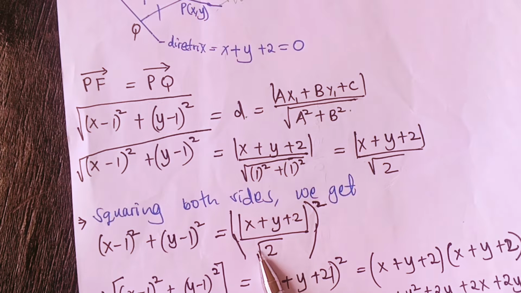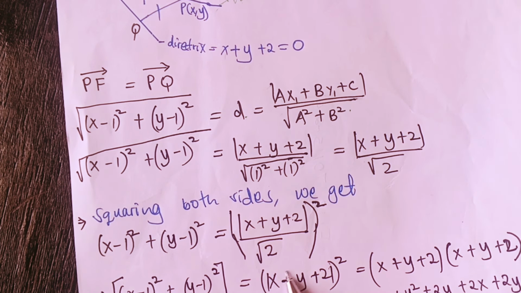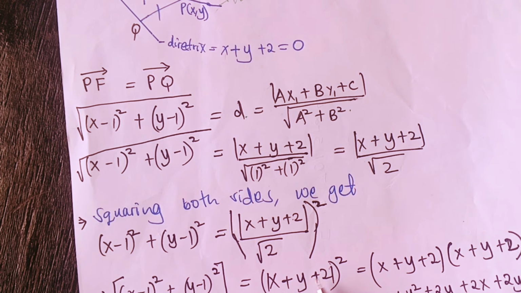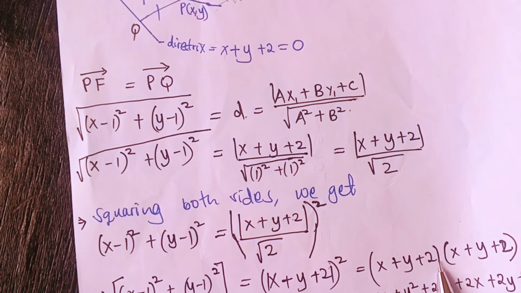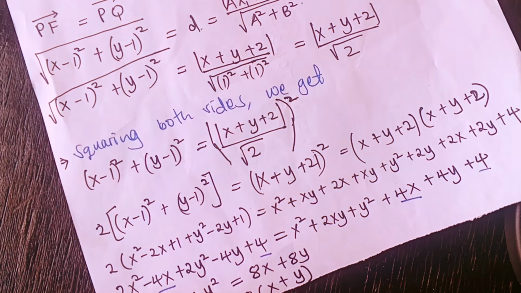Then you cross multiply, so here it will be 2 times (x minus 1) squared plus (y minus 1) squared, which will be the same as (x plus y plus 2) squared. So if you do the long method here, it will be x plus y plus 2 multiplied by x plus y plus 2. So here the function is going to be 2.